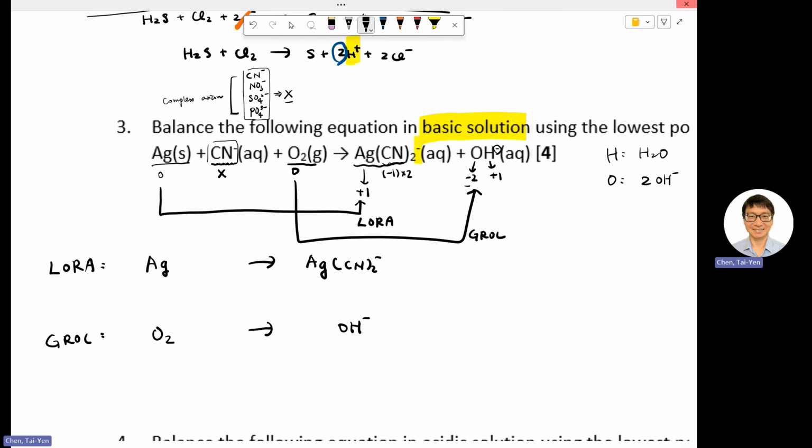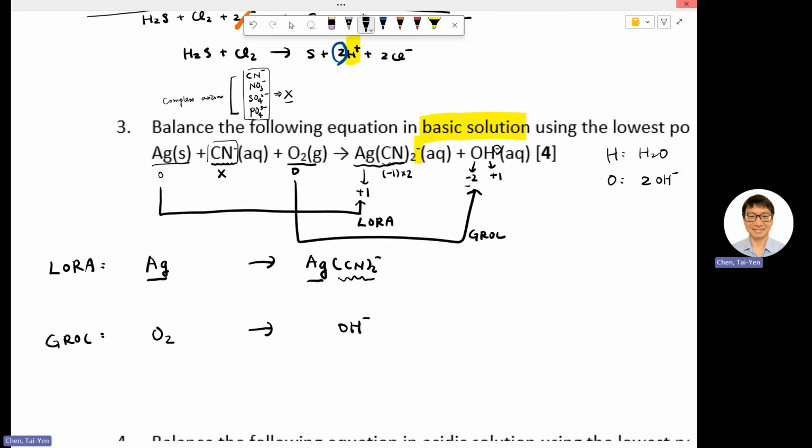Step number 2 is to balance the atoms. If you look at your target atom, you have one Ag here, one Ag there, so for the Ag, it's already balanced. Then you start looking at the remaining part. You have CN2 minus.